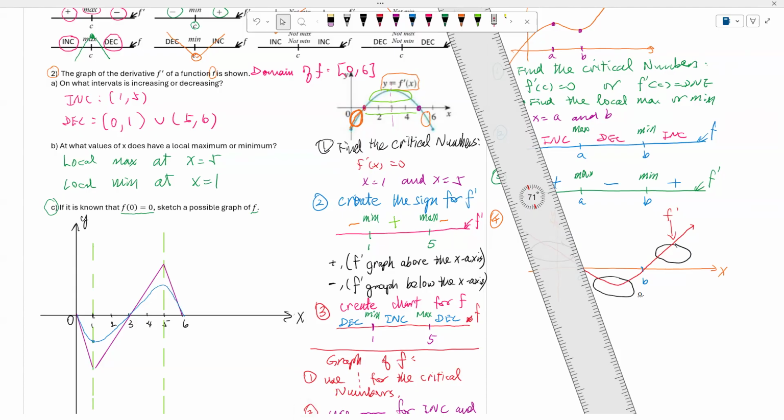So I will have local maximum at x equal to 5 and local minimum at x equal to 1. Okay. Then this full curve right here is actually my f function. Okay. Or you could again use this straight line as a guideline, then you could sketch the function this way too.